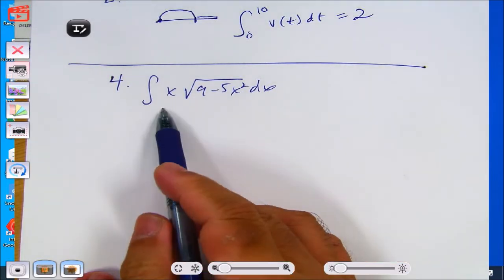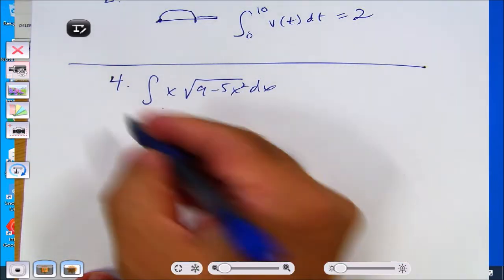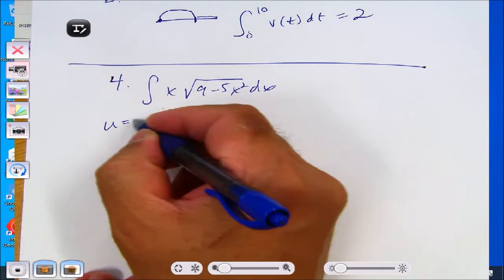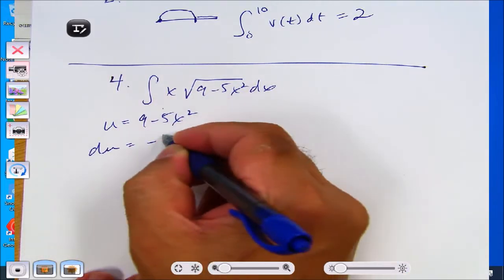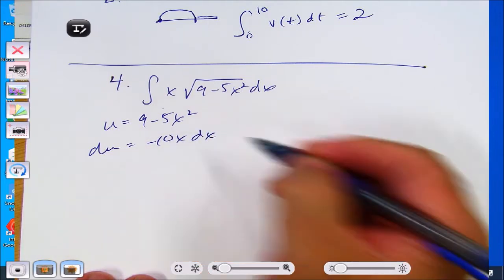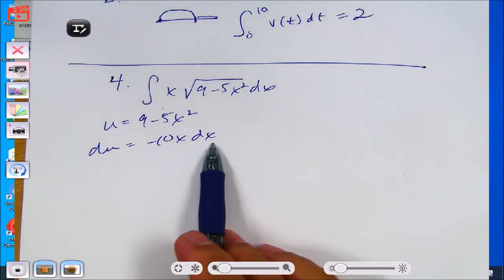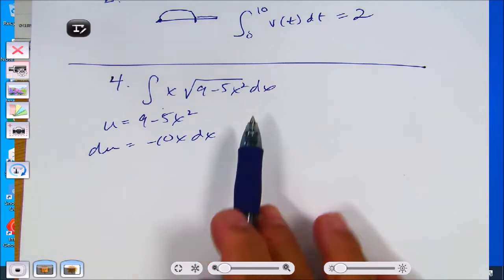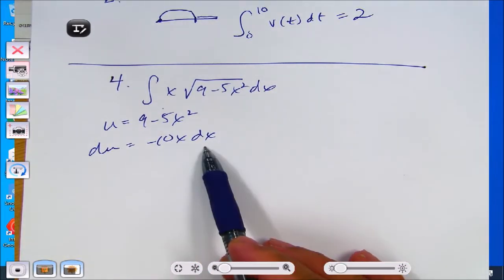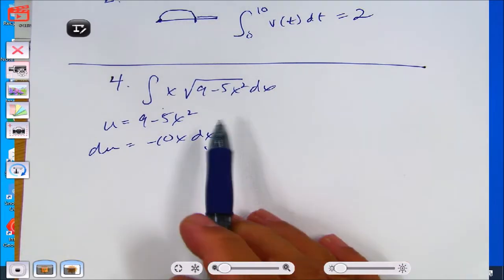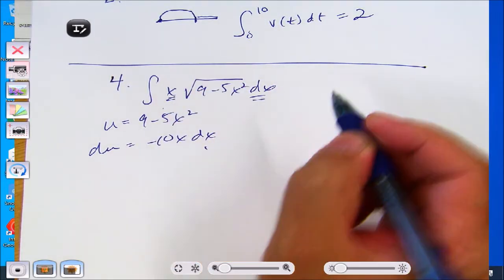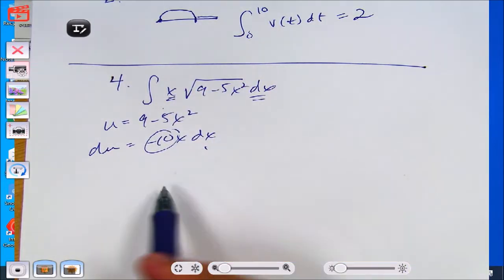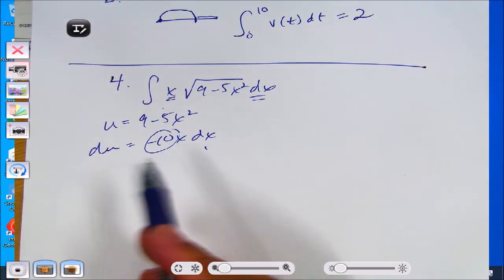All right. So this one requires u substitution. u equals 9 minus 5x squared. So du equals negative 10x dx. I have noticed a lot of you leave off the dx when you do this, and then get lost of what to do with the dx. That's because you're leaving off the dx. I have an x dx in my problem, so I don't need the negative 10. Since it's only a number, I can move it.